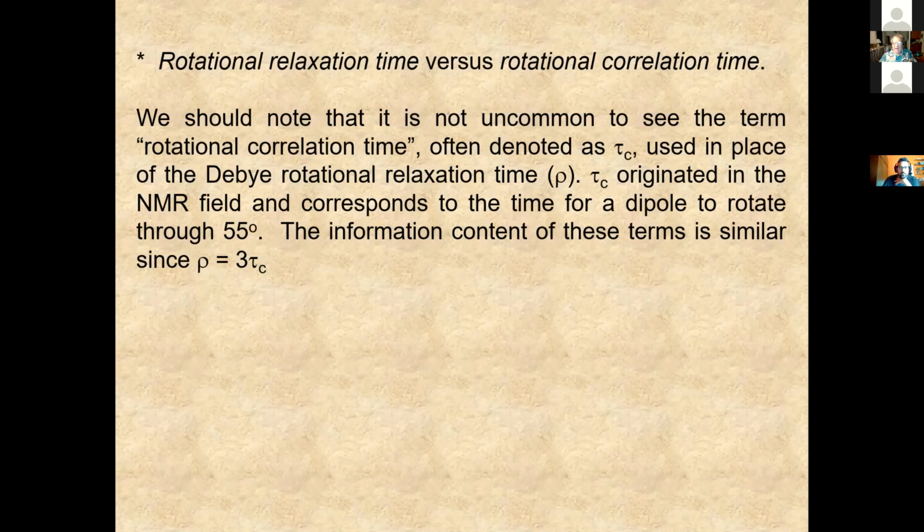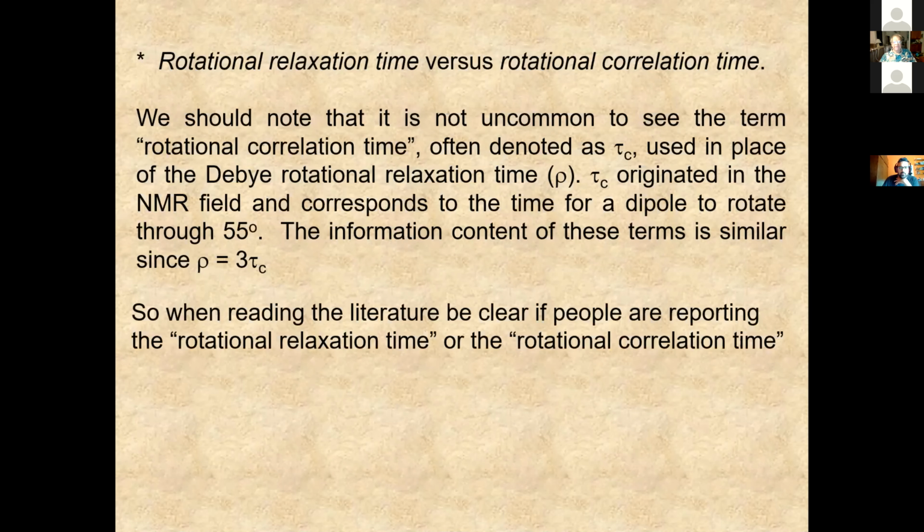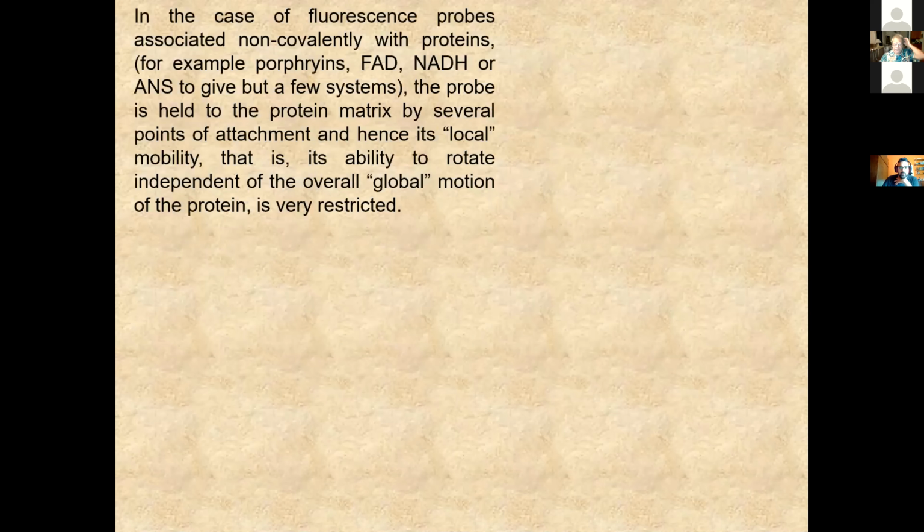The information content, though, is similar, since rho is exactly 3 times tau c. So it takes 3 times as long to go through 68.42 degrees as it does to go through 55 degrees. But when you read the literature, you have to be clear whether people are reporting rotational relaxation times or correlation times, because it really changes.